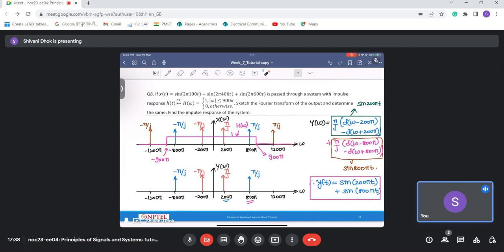Using this representation we can take the inverse Fourier transform and get the output. Multiplication is much simpler than the convolution operation. So that's why this approach sometimes helps a lot in finding the output of any system, similar to the Laplace transform.